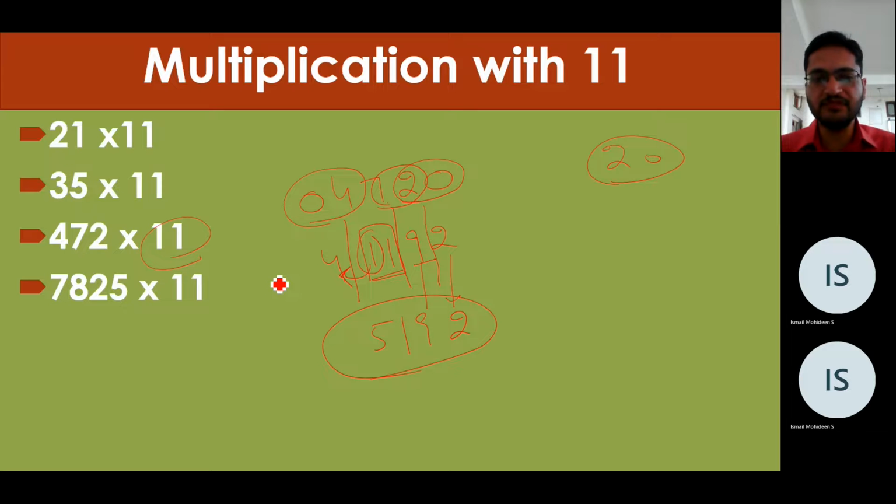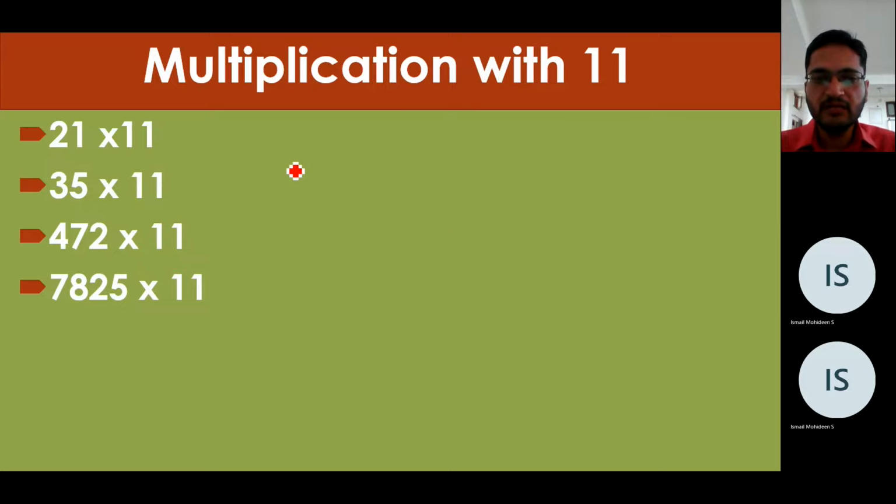Now one more example of this type. Now we will multiply 7825 with 11. So we will write 0 at the last and 0 at the first. Now we will add.